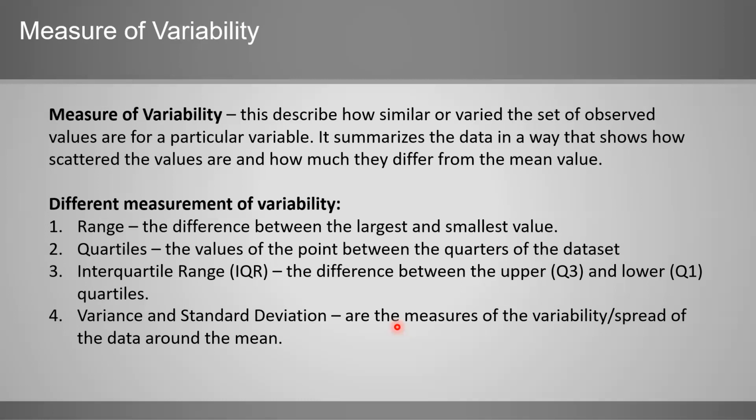So, kung ano yung middle point mo, that's quartile value. The interquartile range is the difference between the upper and the lower quartile. And the most commonly used, mas accurate value natin to describe the variability ay yung variance and standard deviation. Okay, so it measures the spread of the data around the mean.